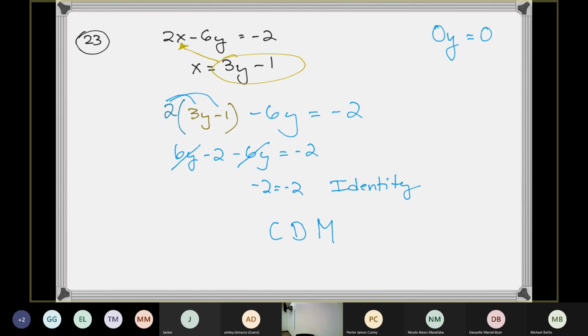Nothing there anymore. But in this case, the left-hand side is equal to the right-hand side. That's an identity. That means in terms of solution, we have infinitely many solutions. And if we were to graph this, it would have been one line.